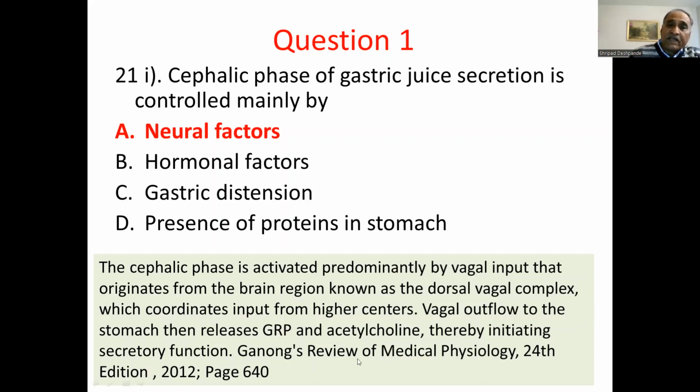This is available in Ganong's Review of Medical Physiology, 24th edition, 2012, page 640. Only here, the first time, I'm mentioning the details of the book. Subsequently, I will just say Ganong.